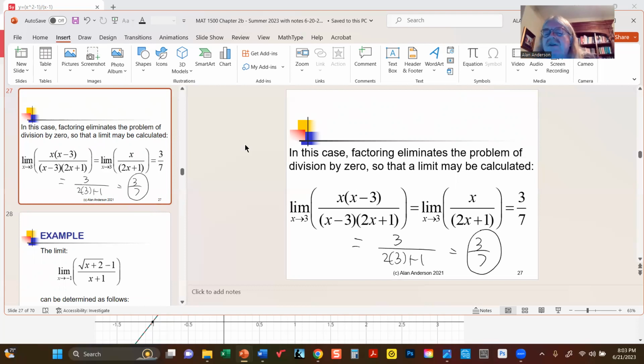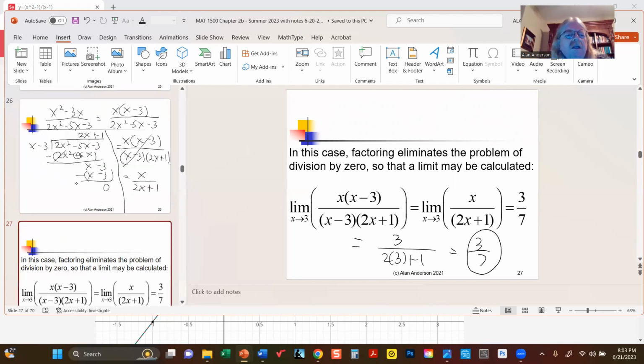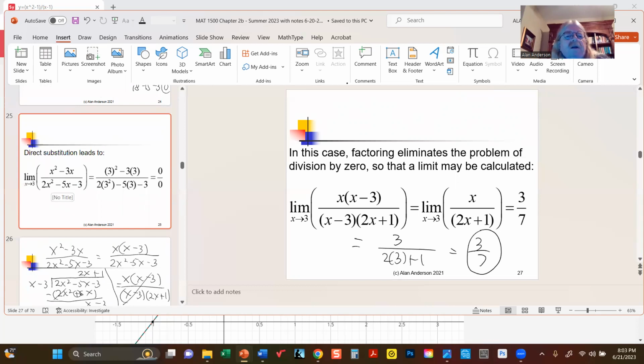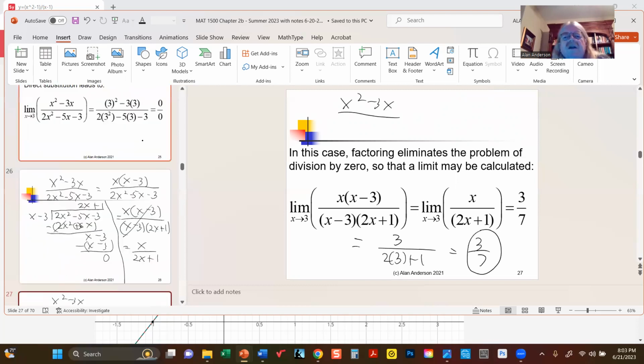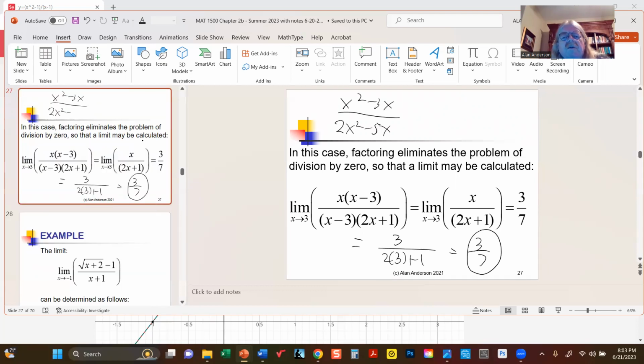So once again, we're using that same rule. The original value we had, (x squared minus 3x) divided by (2x squared minus 5x minus 3), equals x over (2x plus 1), except when x equals 3.